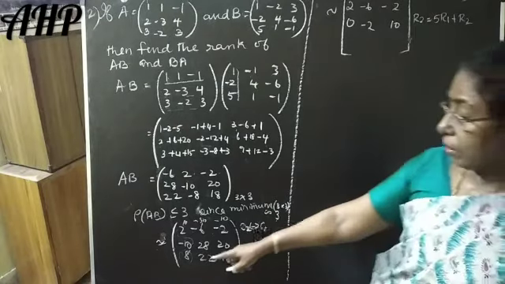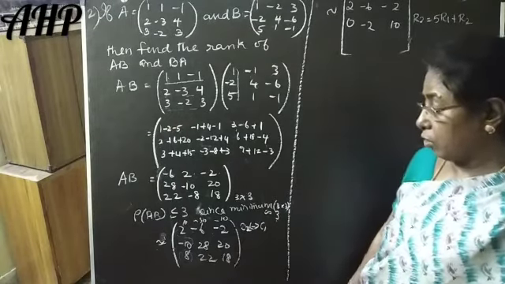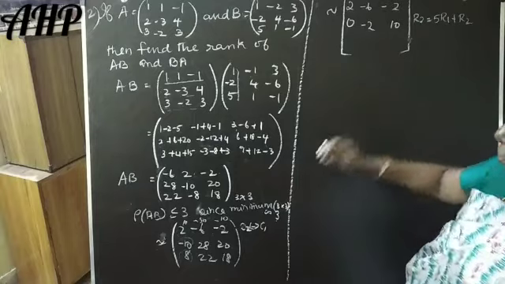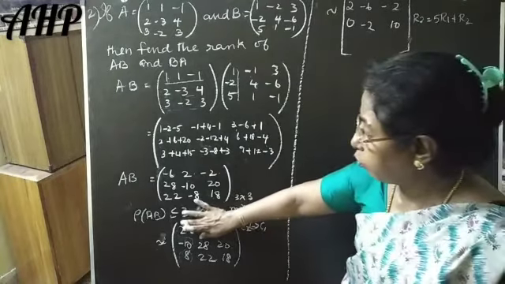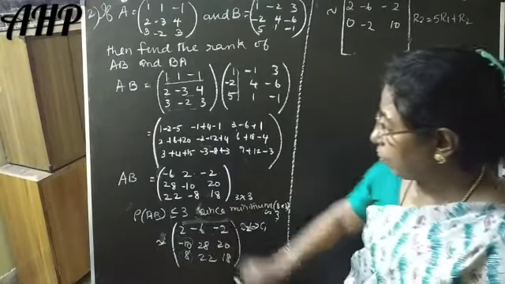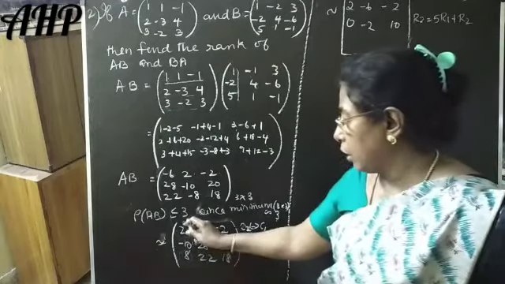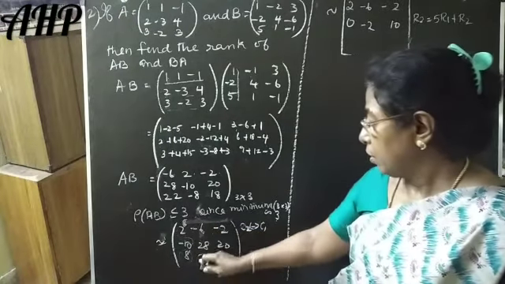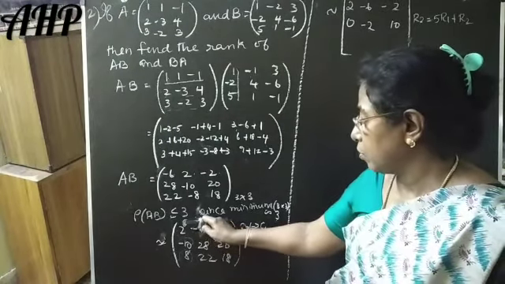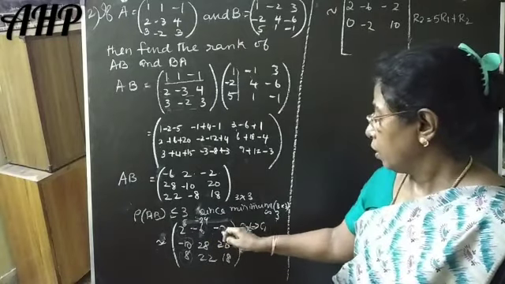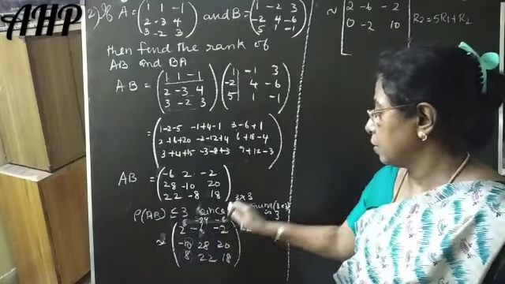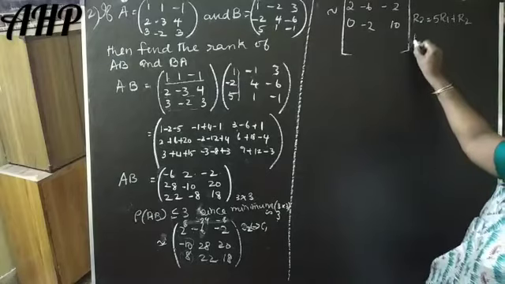Now, our aim is to make the first element of the third row 0. So to make the first element of the third row 0, multiply the first row by 4. If you multiply by 4, you get this place to be 8, this place to be minus 24, and this place to be minus 8. So what are you doing here?